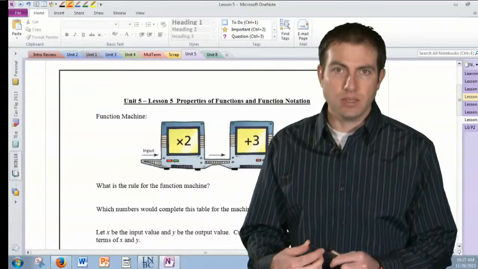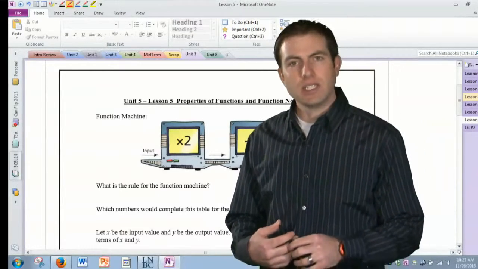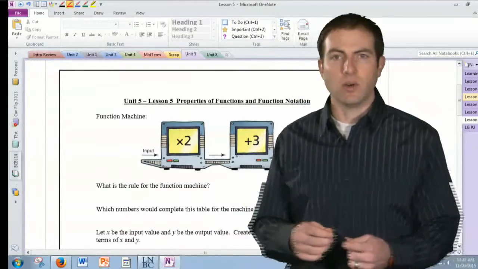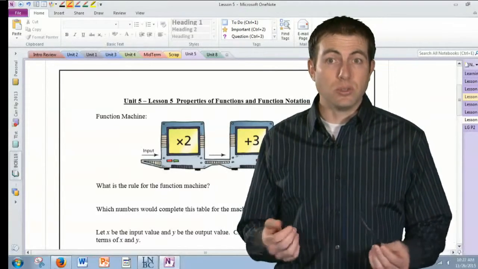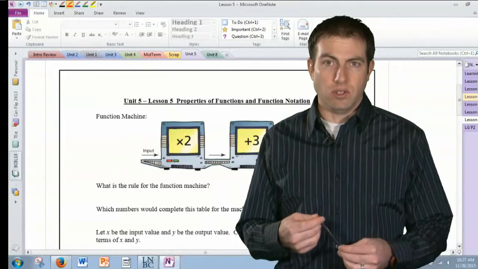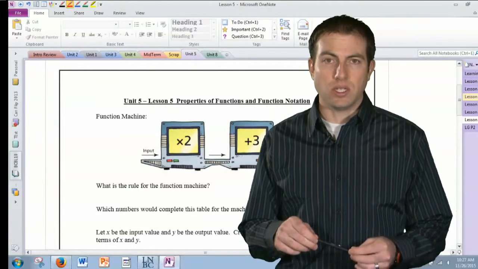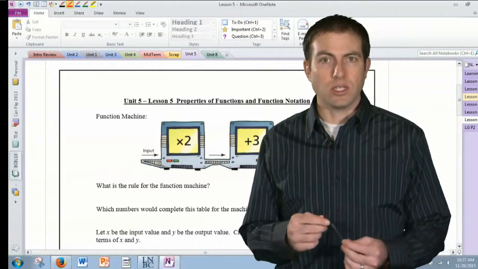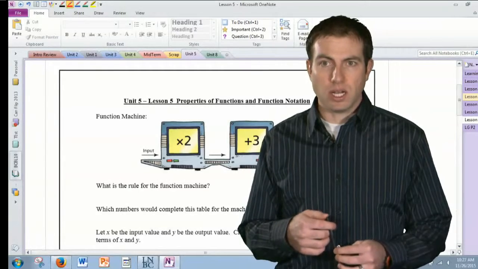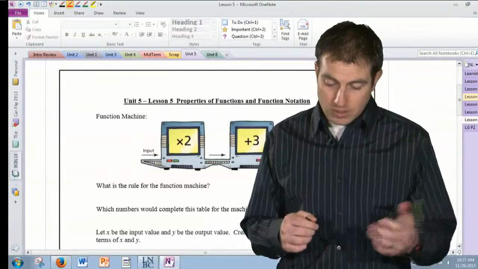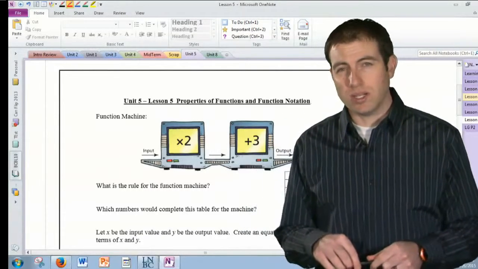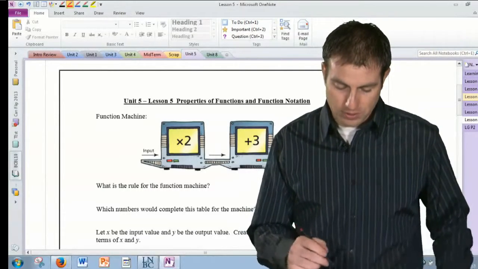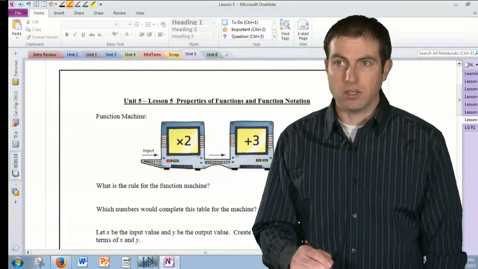All stuff you've done before, but just a different notation, a different look. So the idea behind function notation is we're going to do just basic substitution, which you guys have looked at. Substituting numbers in for variables and just solving equations. It's just a different way of writing things.